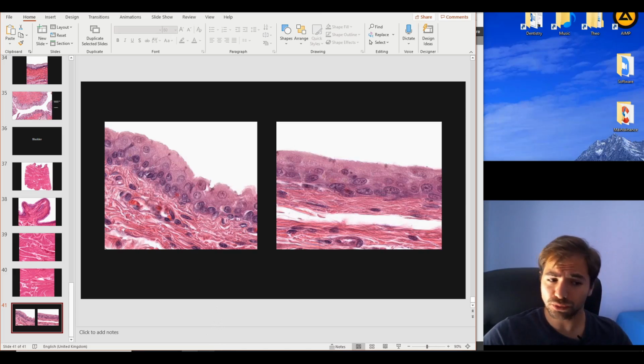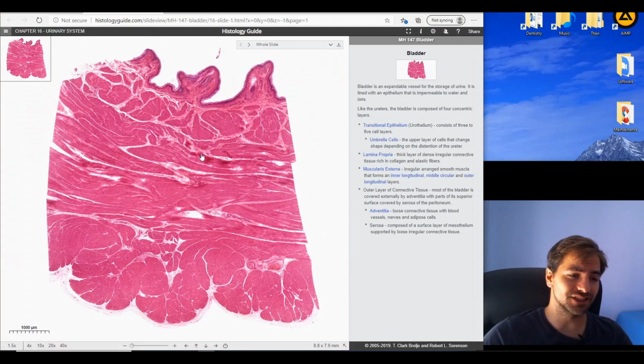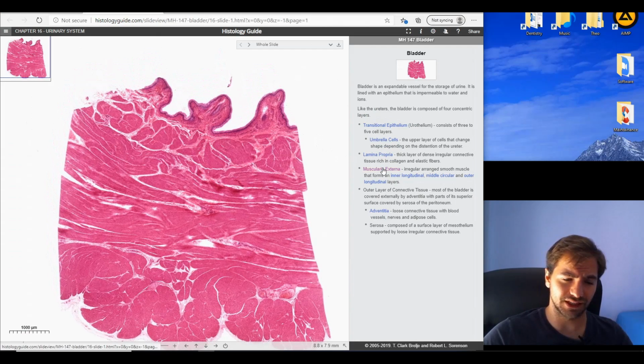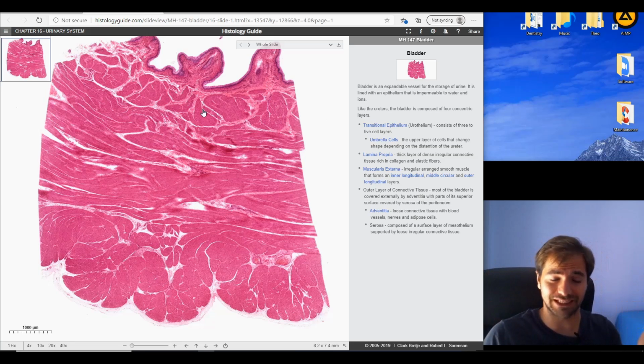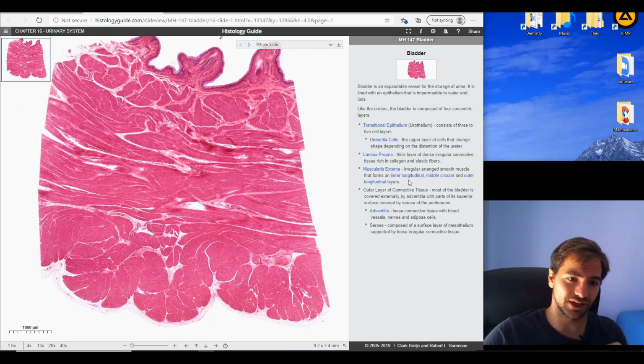So one more feature we should discuss is the differences in the muscles. In this case, we should find again the muscularis externa, and as you can see, there's a massively bigger amount of muscle. Of course, the structure is exactly the same: inner longitudinal, then a middle circular, and outer longitudinal.